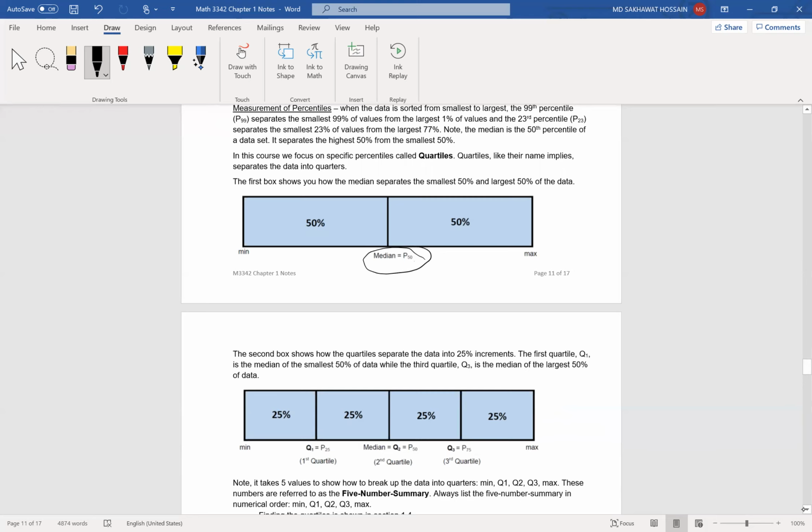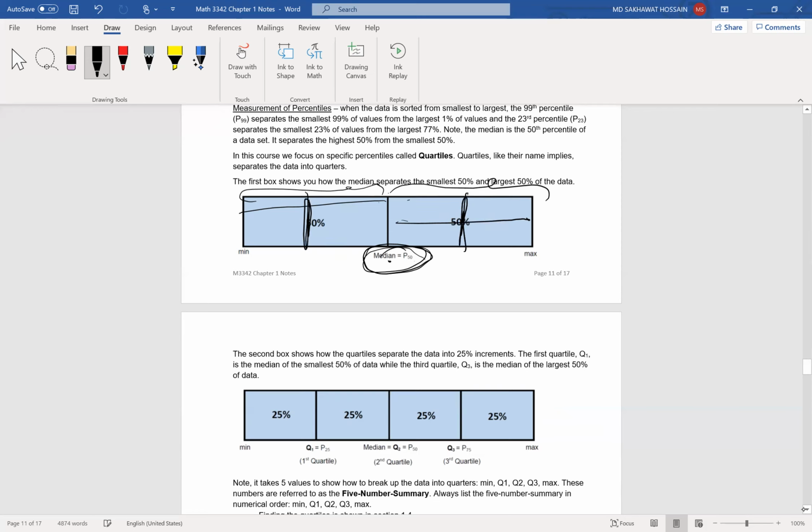To calculate the quartile, first you find the median. Once you have the median, 50% of observations will be on the left side and 50% on the right side. If you consider each 50% as another data set, then you can find the middle value of each.